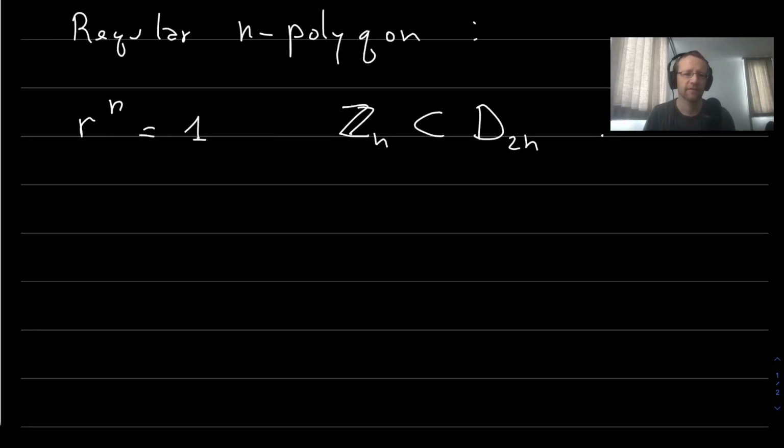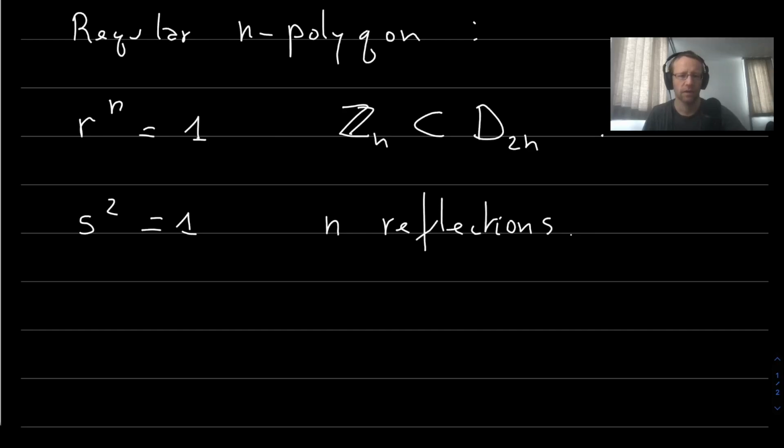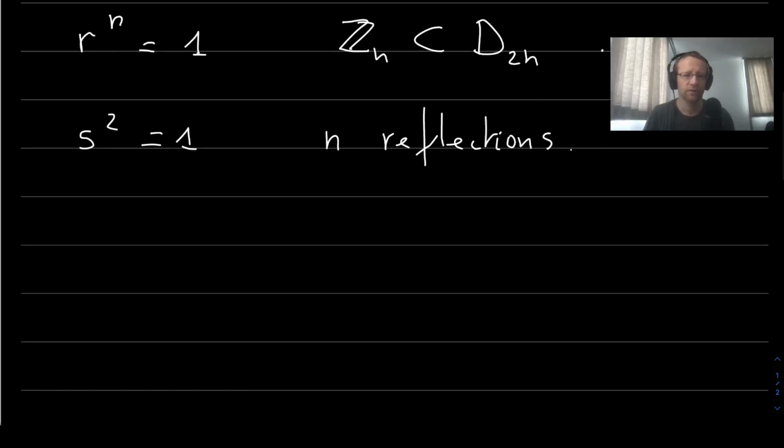And then we have reflections, of which there are, again, n. And moreover, we can say that if we have rs squared, well, a rotation composed with a reflection is again a reflection, so this is 1.